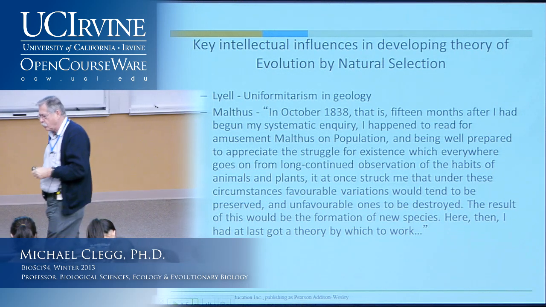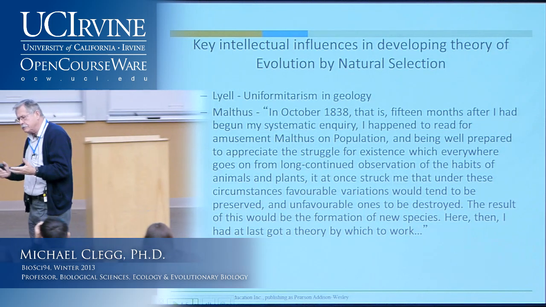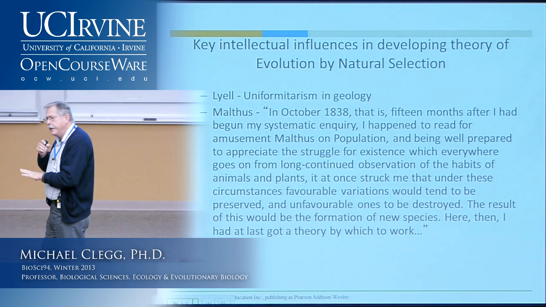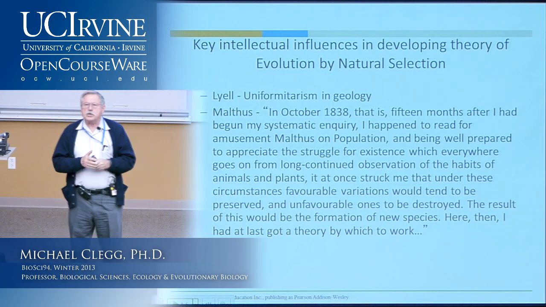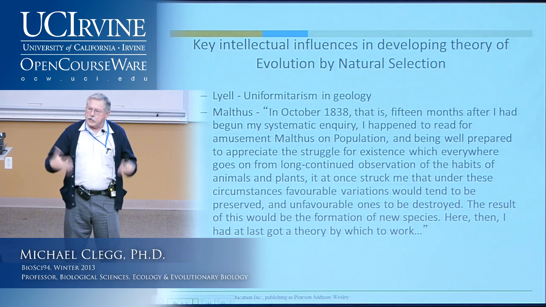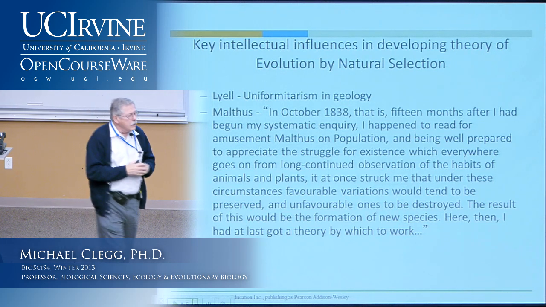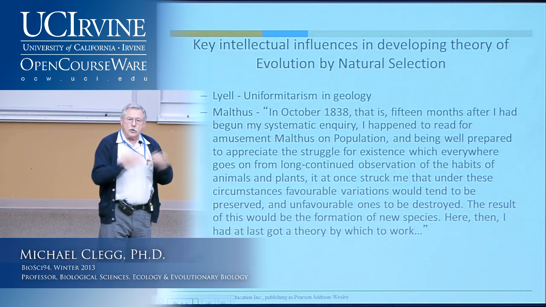Darwin was very well aware of Lyell and his work, and Lyell posited that geological change was slow and continuous, and that it was the result of forces that one can observe in everyday life, okay? So geological change is slow, implying that the Earth is old.